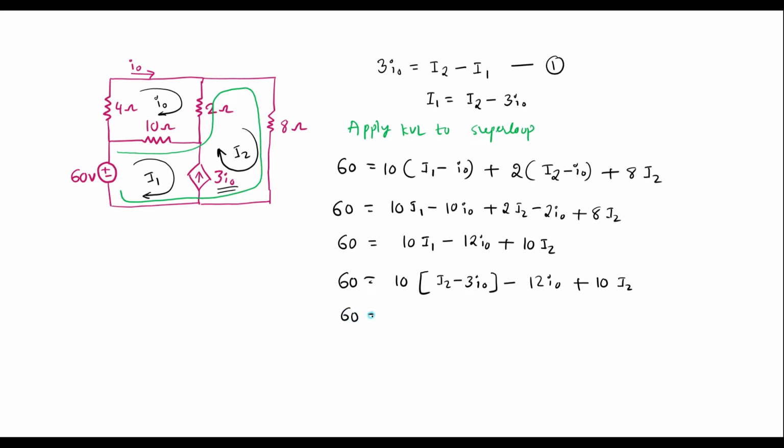Let me simplify. 60 is equal to 10 I2 minus 30 I0 minus 12 I0 plus 10 I2. Further simplifying, 60 is equal to 20 I2 minus 42 I0, since minus 30 I0 minus 12 I0 is minus 42 I0. Let me call it equation A.